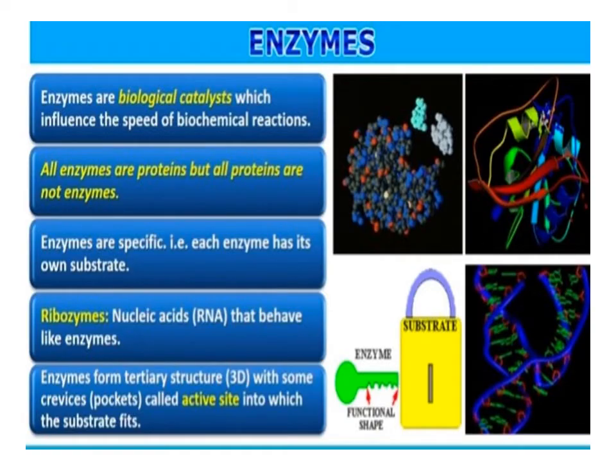Most of the enzymes are proteins that catalyze biochemical reactions in living cells, hence are called biocatalysts. Some nucleic acids may also behave like enzymes, for example, ribozymes. Any enzyme, like any protein, has secondary and tertiary structure having many surfaces or pockets called active site.